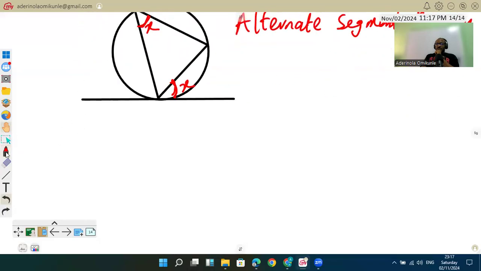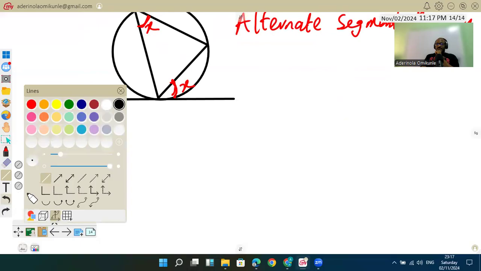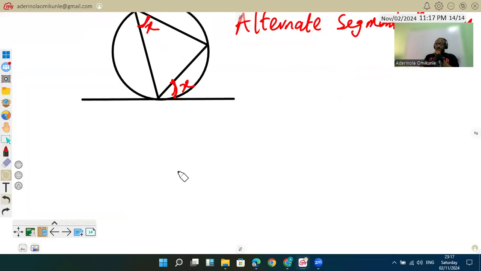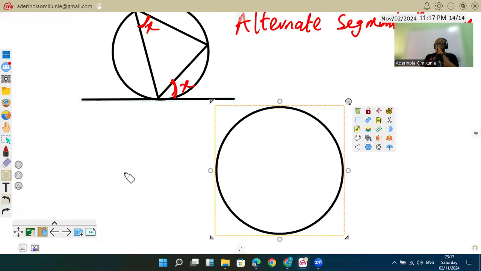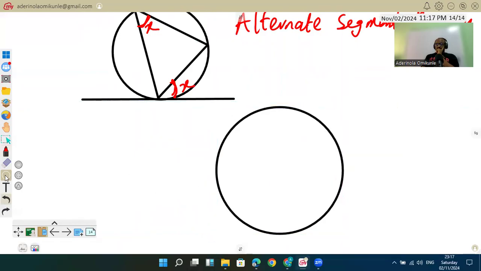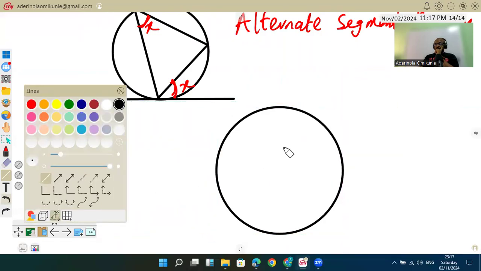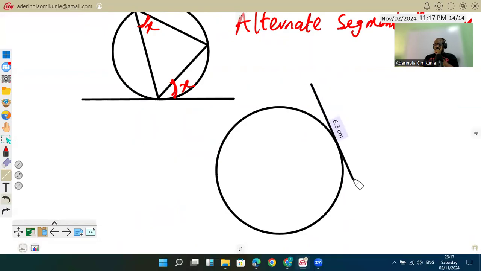Okay, now let me re-explain, drawing it in a funny place. Let me start with the statement of the theorem again. This is your circle, right? Let me draw a tangent to the circle in a funny looking place here. At the point where the tangent touches the circle, we draw a chord. Can draw a chord like this.